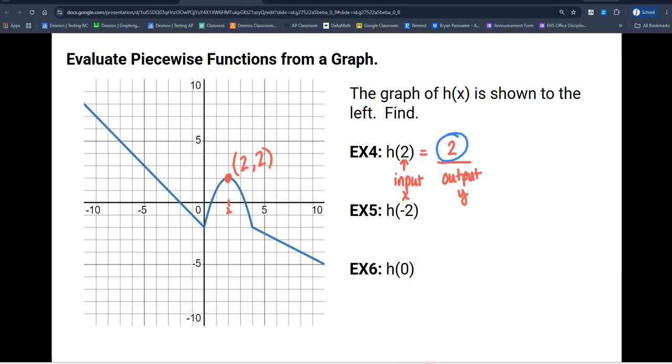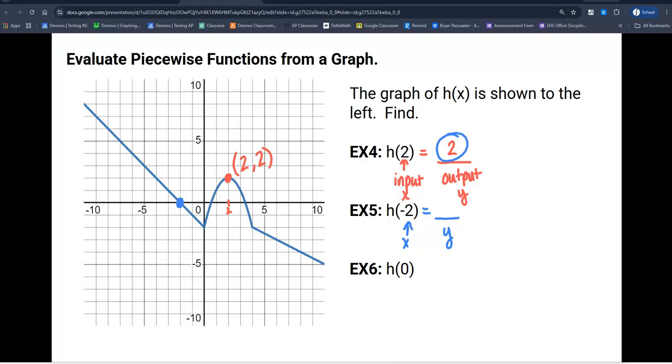Okay? So if it asks me to find h of -2, that means that this is my x and my answer is going to be my y. Okay? So if I look at the graph here, -2 falls right here. It's also just the point where we hit the graph for that one.